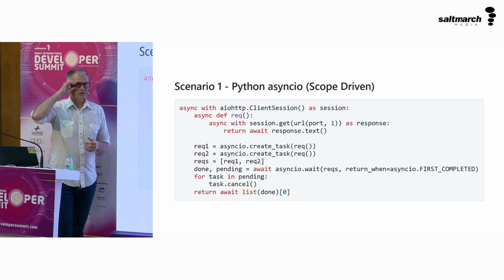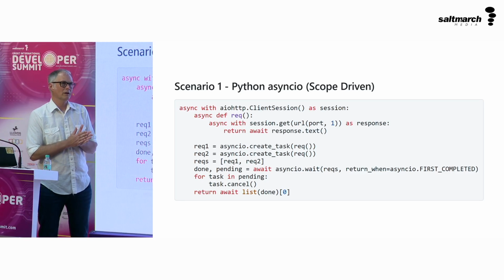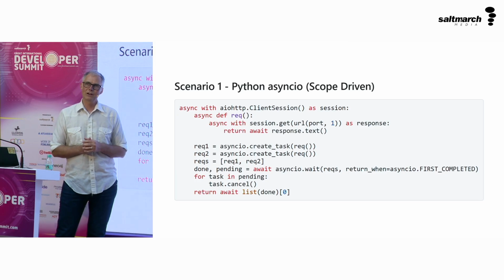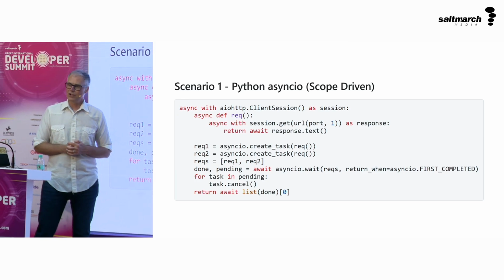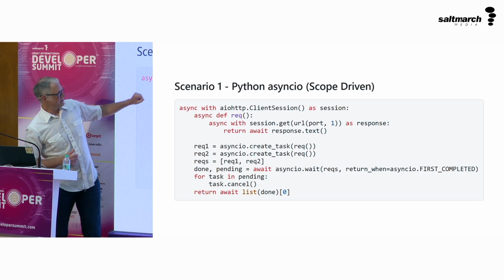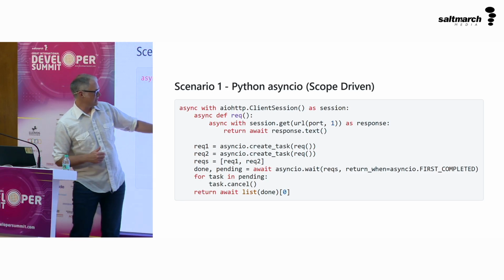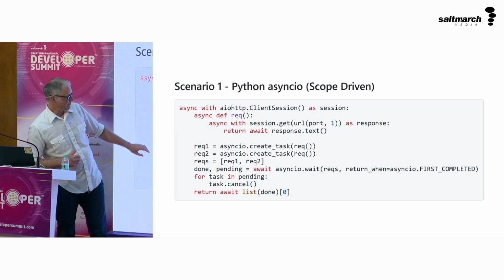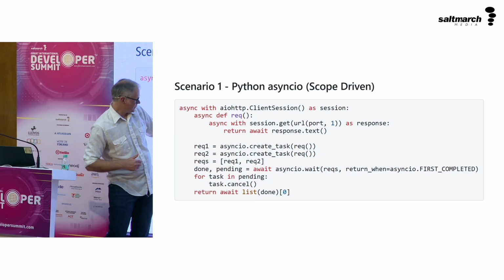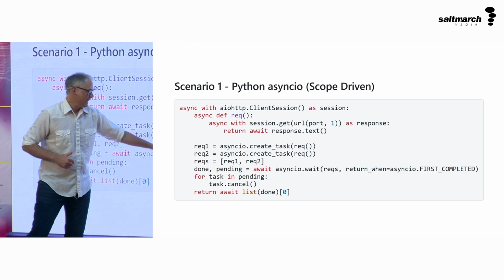Python, this one's interesting because, as far as I know, one of the earlier implementations of structured concurrency was done in Python. And so it uses the scope-driven approach. We've got our request, but what we're going to do is create a task, and then we put those tasks into this asyncio wait.